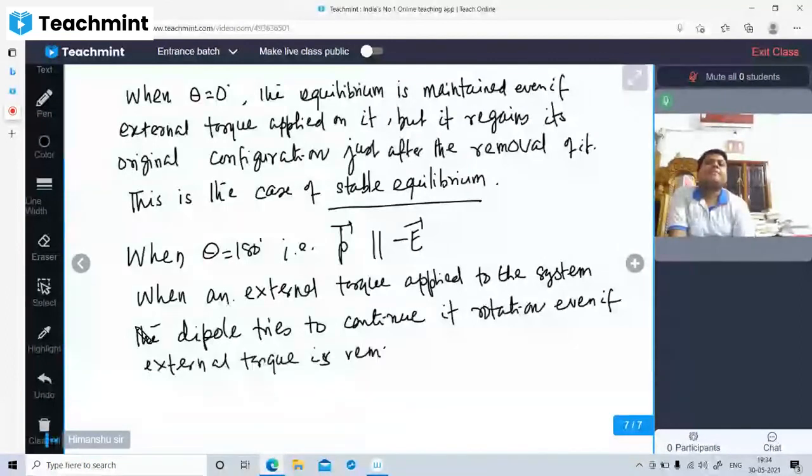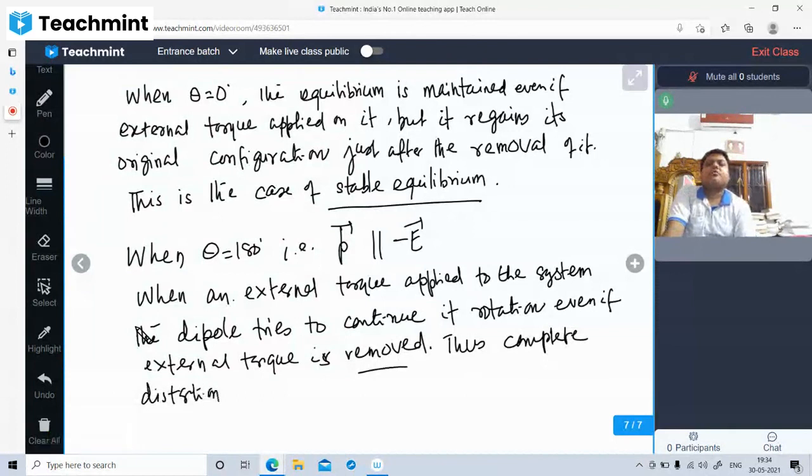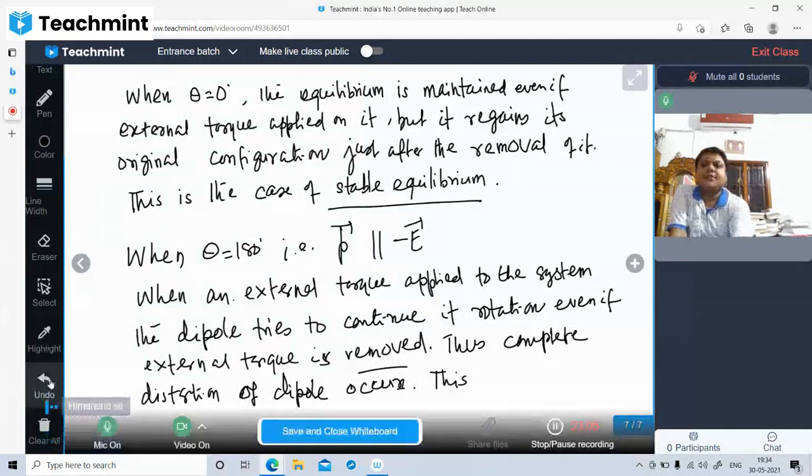Okay, external torque is removed. Thus complete distortion of the dipole position occurs. Okay, this is the case of unstable equilibrium. Hence this is the case of unstable equilibrium.